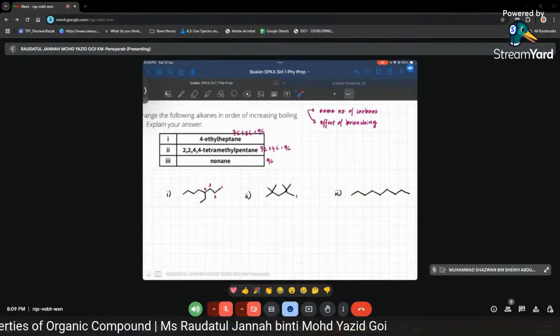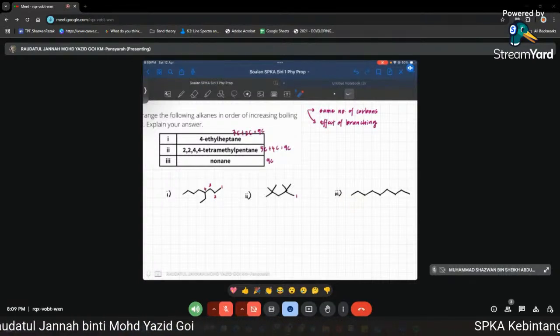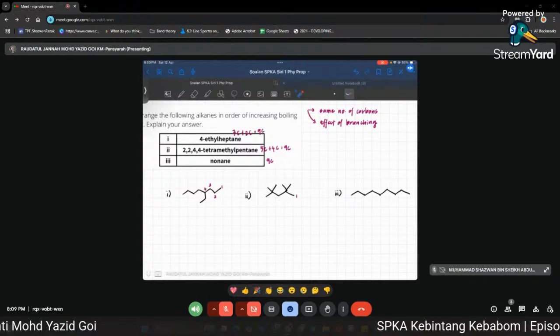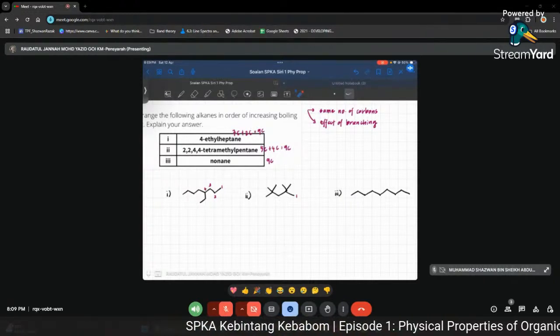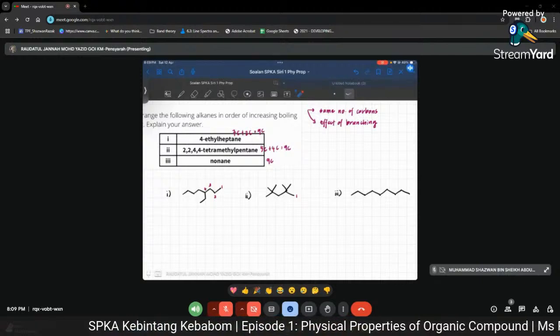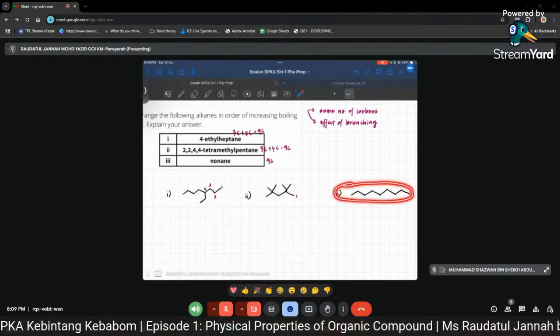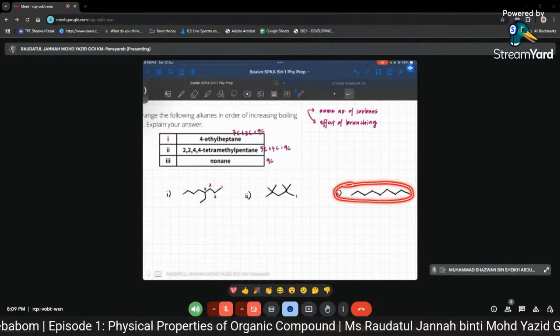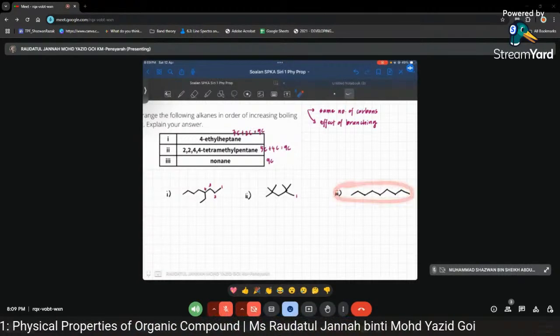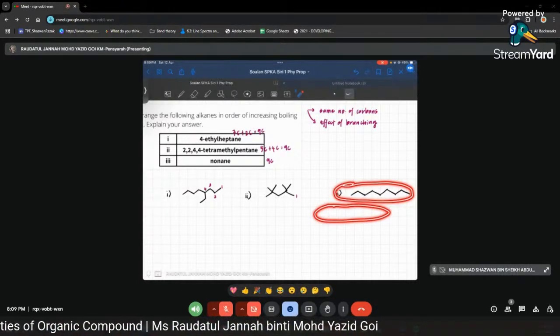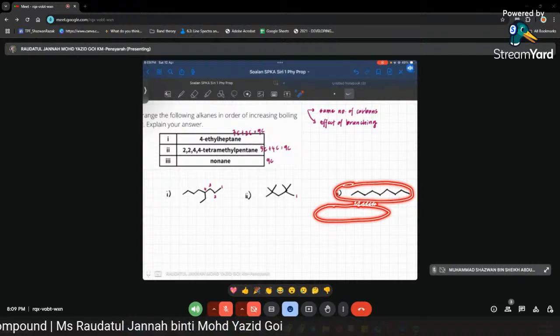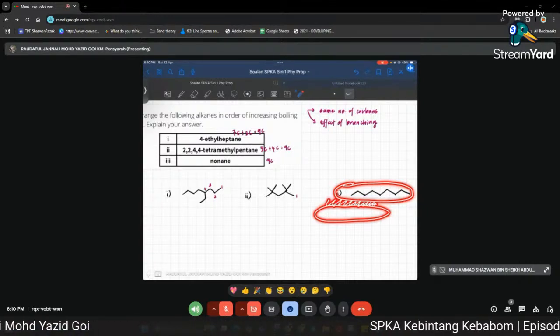And another factor that you kena consider for van der Waals forces is how big your surface area in contact with another molecule. You can imagine that kalau you ada a long linear structure like this, untuk long linear molecule, dia ada a bigger surface area in contact with another molecules yang kita ada kat sini.